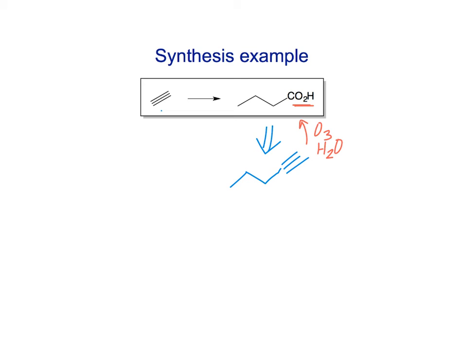All right, so that's one good way to make a carboxylic acid. What's another way to make a carboxylic acid? All right, another way is to oxidize a primary alcohol with a strong oxidizing agent. In this case, we could have this alcohol. If we draw this in the synthetic direction, we could use CrO3.